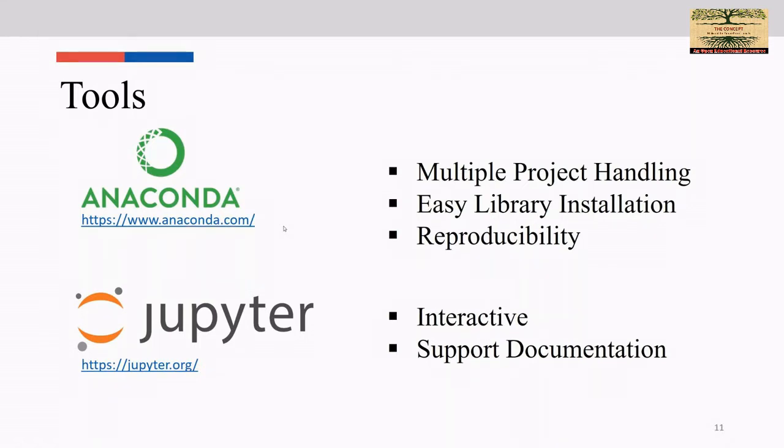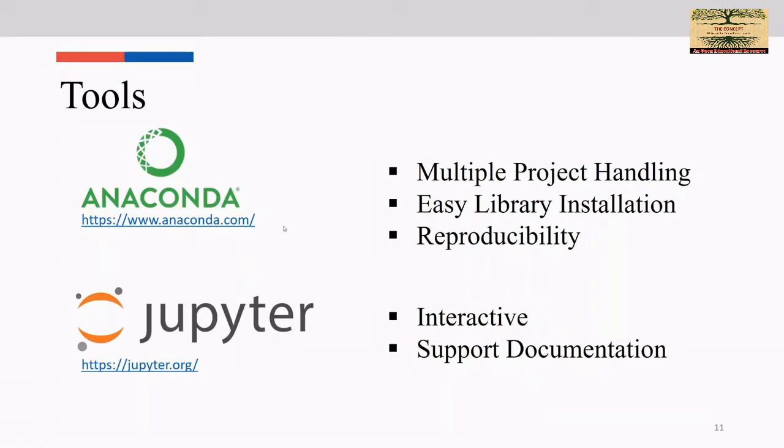Number two is Jupyter. So Jupyter is open, and those are also open source tools. Jupyter is, we can say, an interactive editor where you can easily write your Python code. And remember that if you install Anaconda, Anaconda comes with Jupyter.